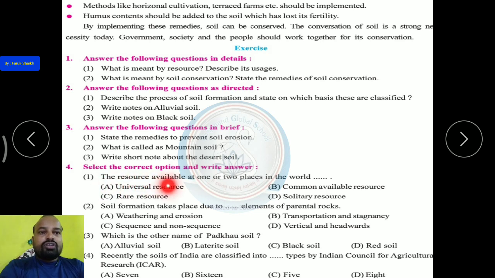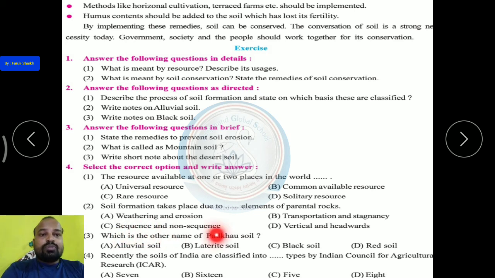The resources available at only one or two places in the world, what are they called? They are called solitary resources. Soil formation takes place due to the elements of the parental rock, because of weathering and erosion.